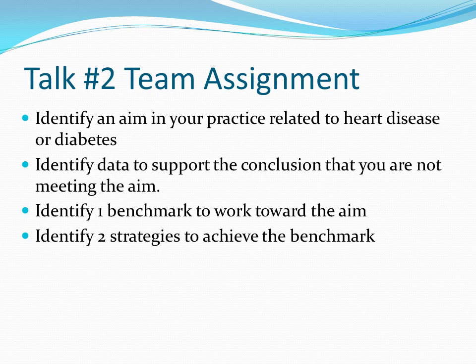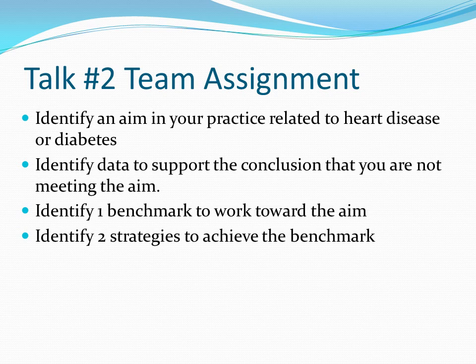Your next assignment. Okay, this is more specific than your last one. But I need you to identify in your practice an aim related to heart disease or diabetes. An aim, remember, is a big statement. I want to improve our outcomes. You can be more specific and say LDL or something like that. And then, in fact, you probably should. So you want to lower the LDLs, the average LDLs of the patients with heart disease or with diabetes in your practice.